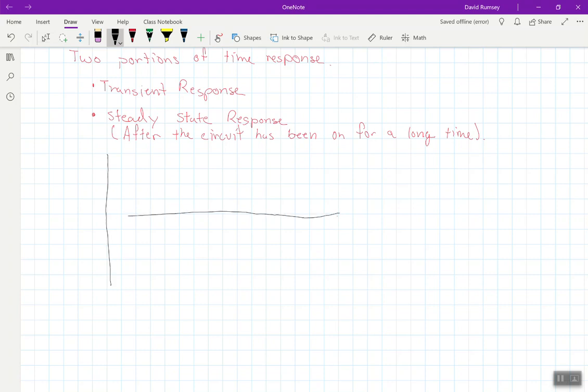But if we look at the voltage there, it's going to look something like this, in the sense that before time, there's nothing, because the signal's not on, nothing's happening. And then it gets turned on. And so it might look something like this initially. And then it's going to even itself out.